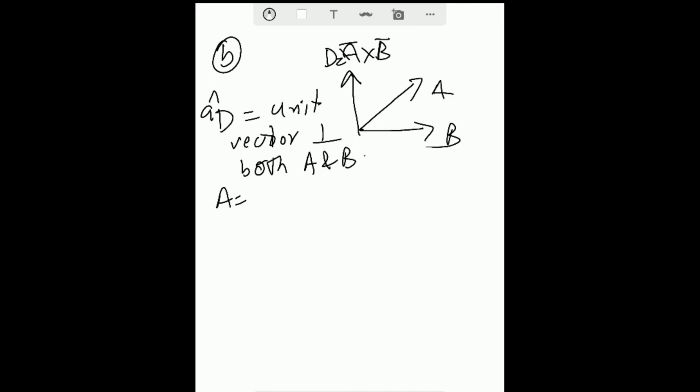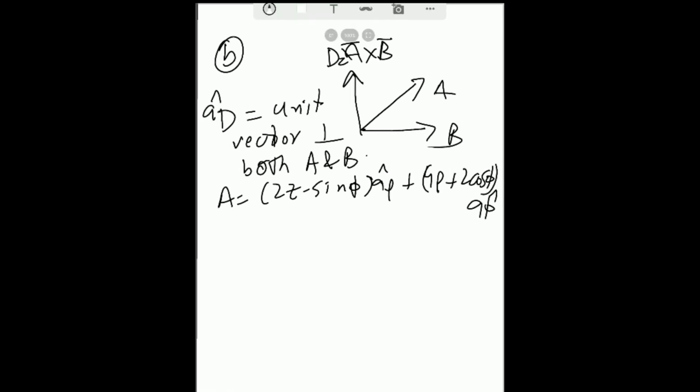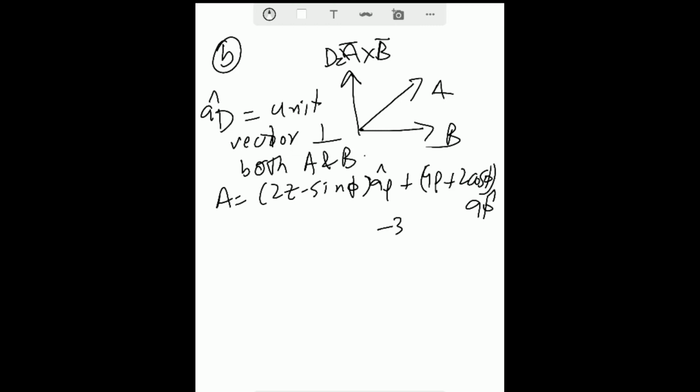So A equals 2z minus sine phi a_rho plus 4 rho plus 2 cosine phi a_phi minus 3 rho z a_z. I need to find this vector at the point P, 1, 90 degrees and 0.